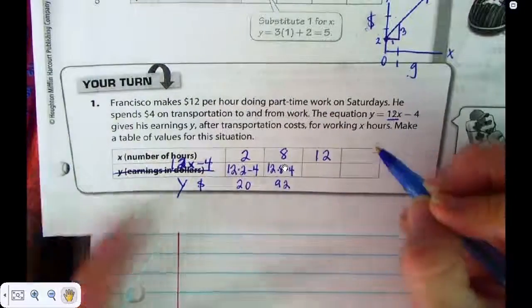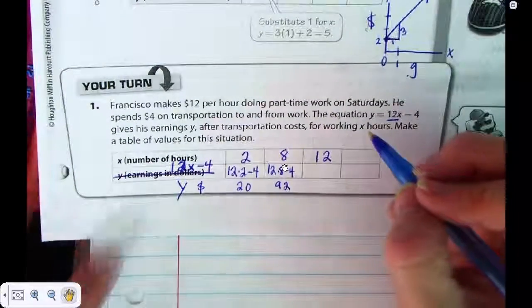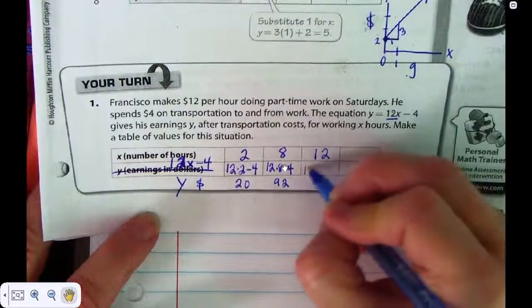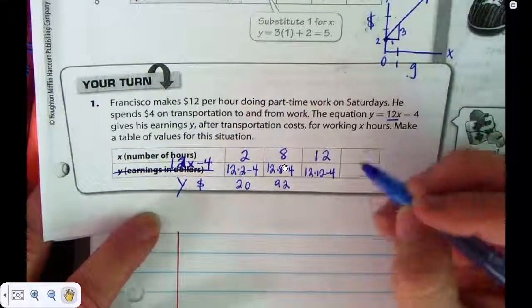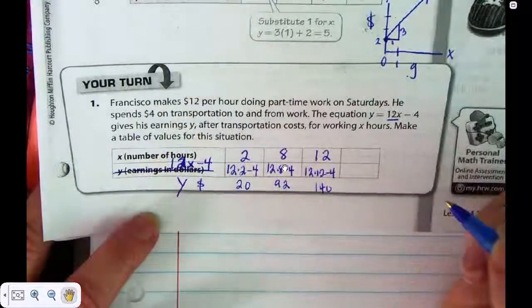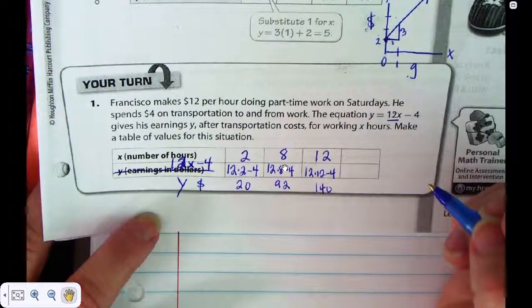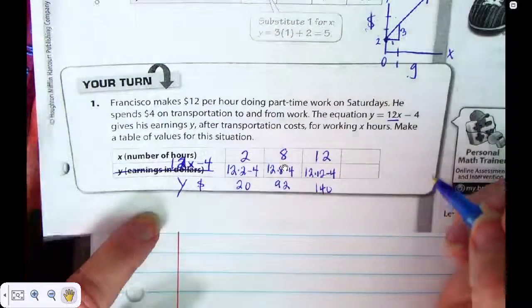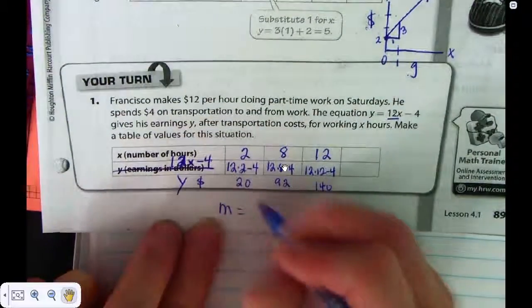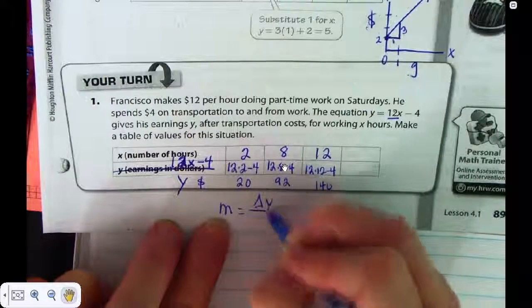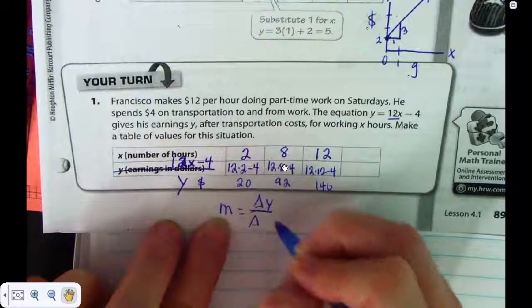Good. If he works 12, good. Very good, guys. 144 minus 4. We already know the rate of change. I already know what m is. Don't I? So we're going to prove it right now.